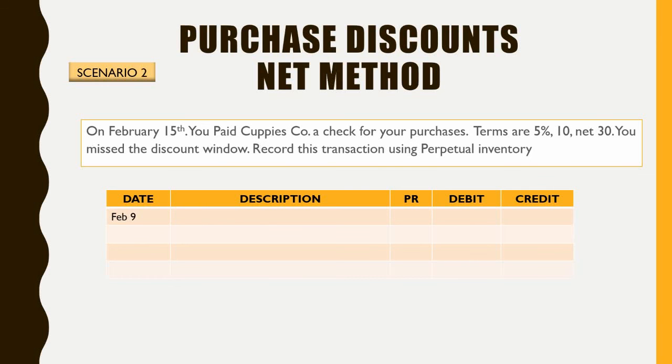But let's say scenario 2, I realize that it is now February 15th and I just missed my discount period. So therefore, I have to pay in full. Because I originally journalized it as my discounted amount, but I missed my discount period, so I have to pay in full. So how am I going to recognize this journal? How am I going to add back that discount? Where am I going to add it back to?